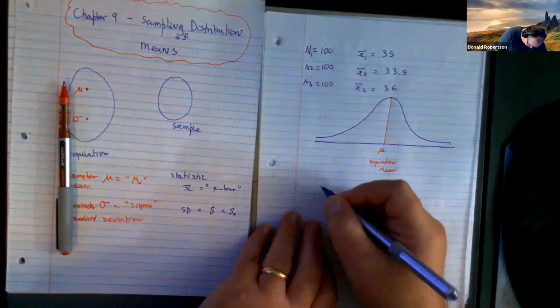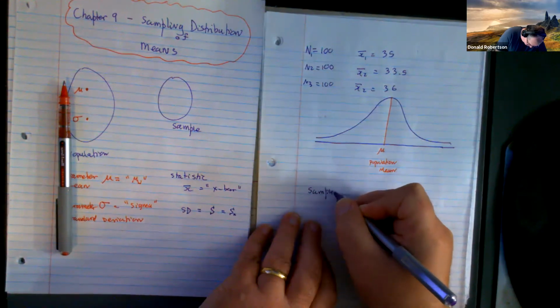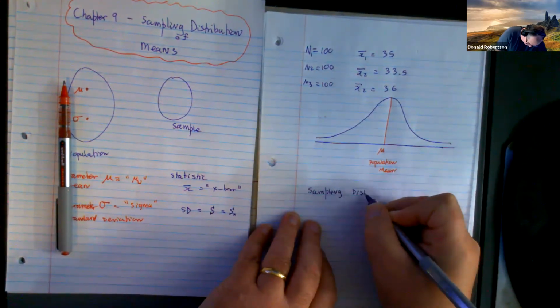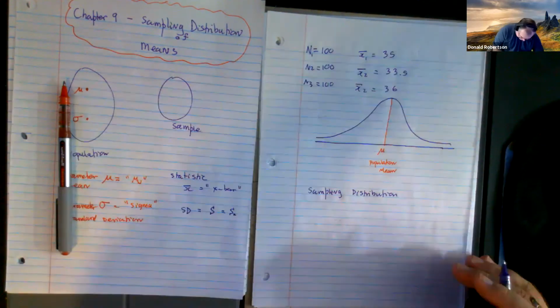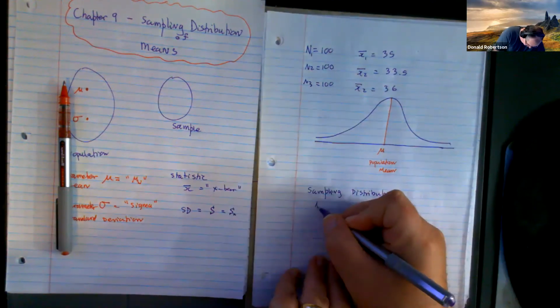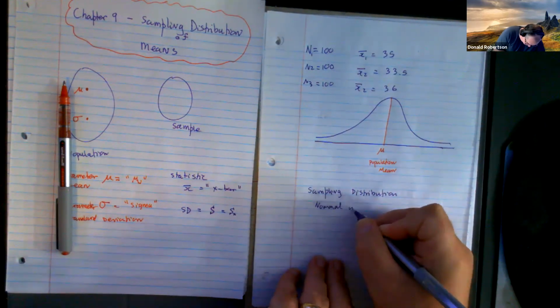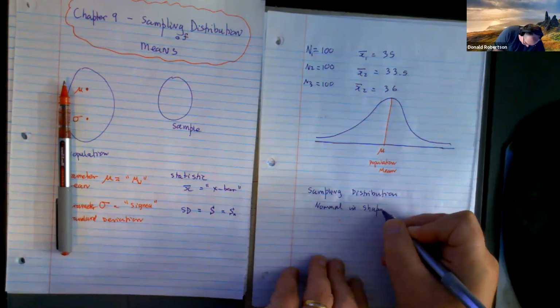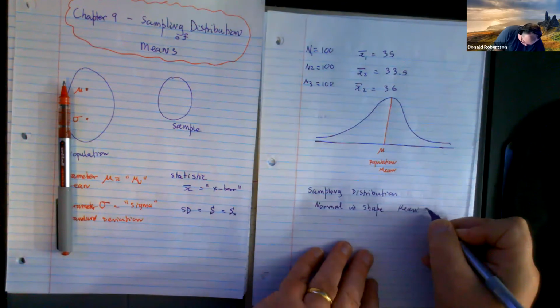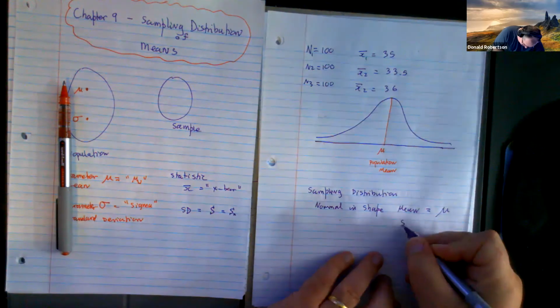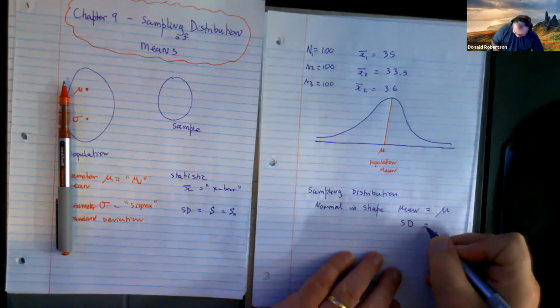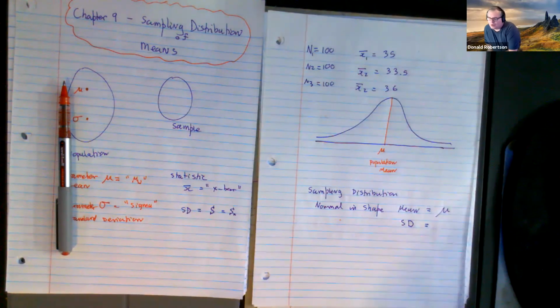So for a sampling distribution, if you took lots and lots of samples, say of size 100, it would be normal in shape, it would have a mean equal to the population mean, and it would have a standard deviation. Now, when we did the standard deviation for proportions, didn't the formula have a square root in it?